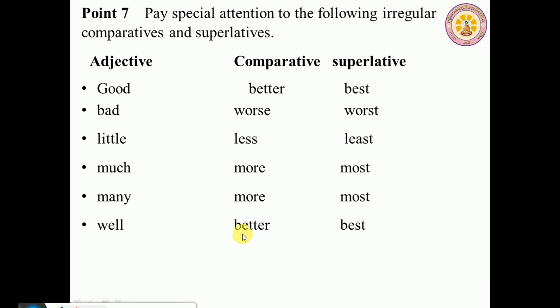Well becomes better, and the superlative becomes best. So these are all the irregular comparatives. Like far becomes farther, farthest, or for far we can also use further or furthest.